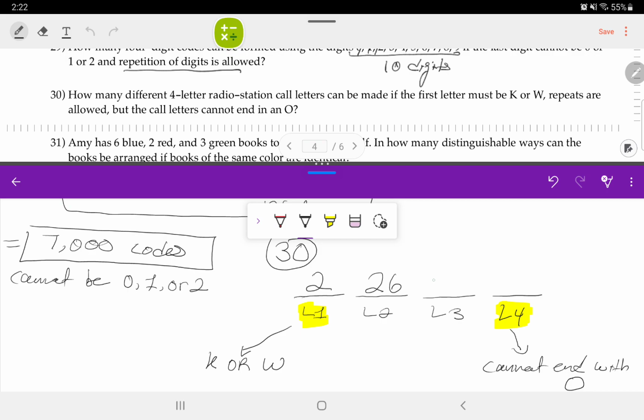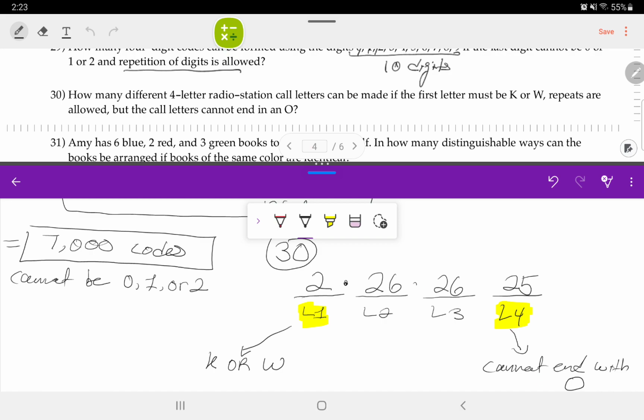And the same thing when it comes to my third option. There are 26 possibilities. When it comes to the fourth option, it cannot end with O. So it can be any letter in the American alphabet except for the letter O, which means 25 options will be viable for the fourth letter.